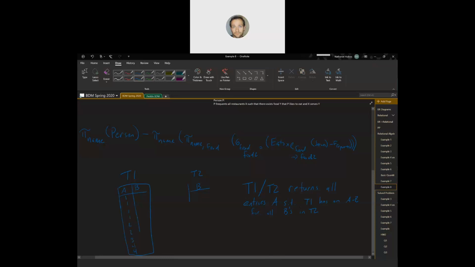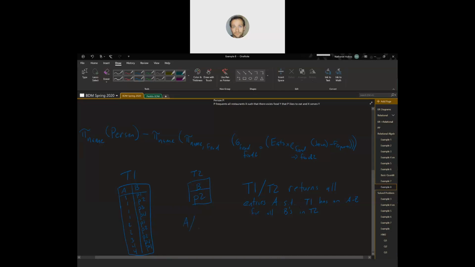This is entries for T1. And let's do this, P2.